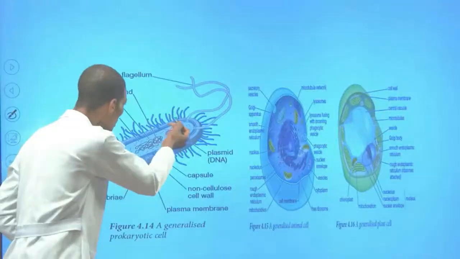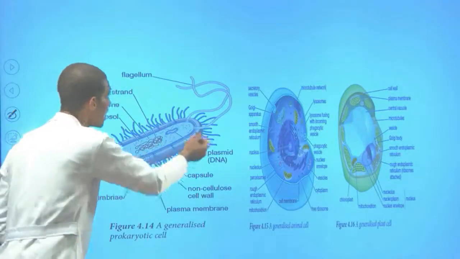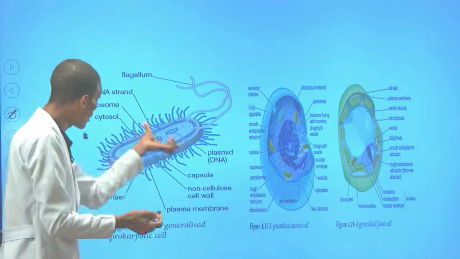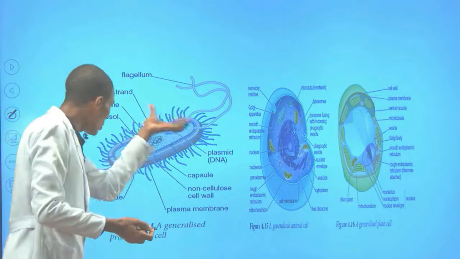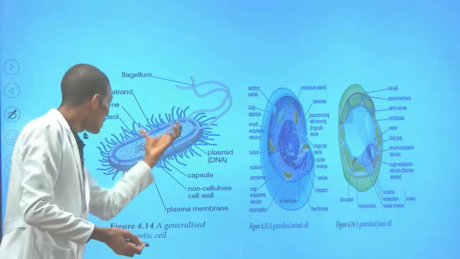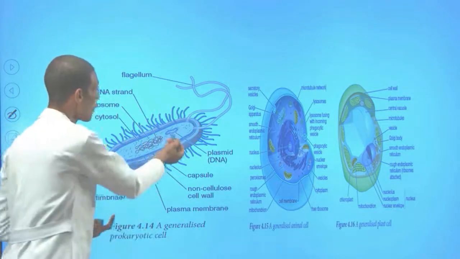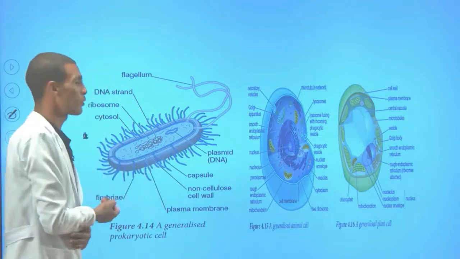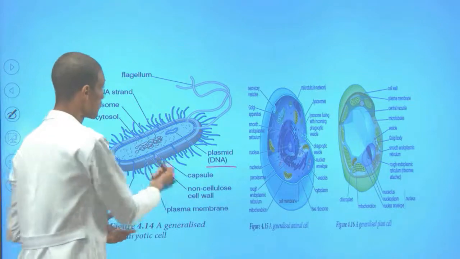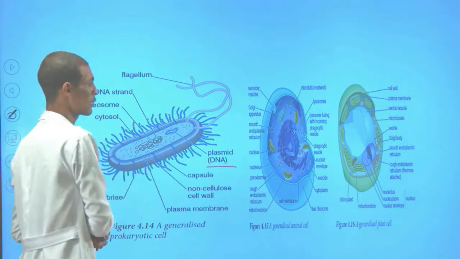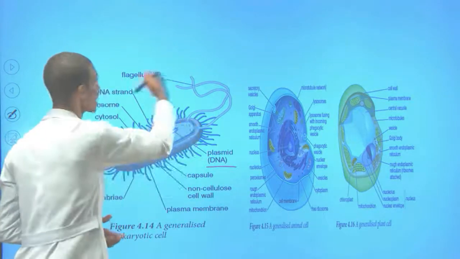Because there is no nuclear membrane in bacteria, bacteria are well-known prokaryotic cells. The whole cell metabolism and genetic activity are suspended in the cytoplasm of the cell. A nucleus-like or circular piece of DNA is suspended in the cytoplasm.